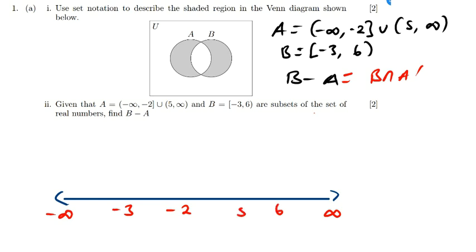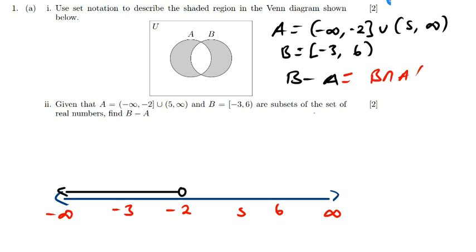Now I can clearly see that A is from negative infinity all the way to negative 2, but negative 2 is included in this case. So for negative infinity, I'm just going to put an arrow. Why am I putting an arrow? Because infinity is not a number, so we don't know where it's ending.